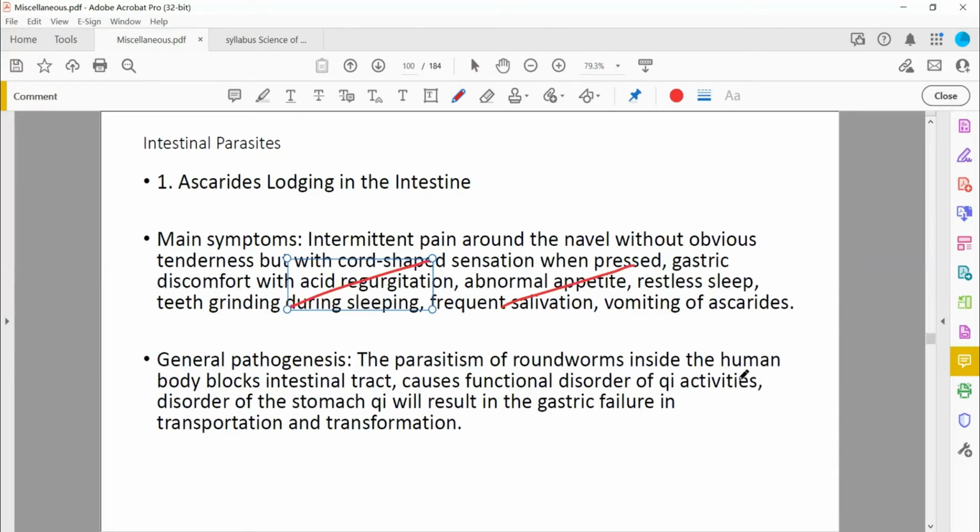The parasitism of roundworm inside the human body blocks the intestinal tract and causes a functional disorder. Disorder of the stomach qi will result in failure of transformation and transportation.